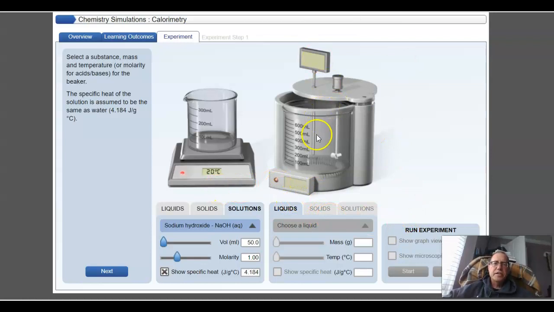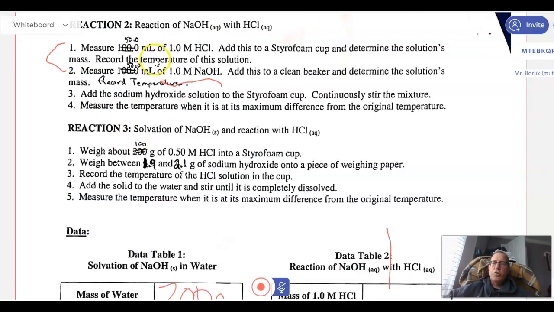But we're actually interested in the temperature in the calorimeter. All right, so it does say record temperature, so we will do that. All right, and then let's measure out in our calorimeter, because again, that styrofoam is our keyword for calorimeter.